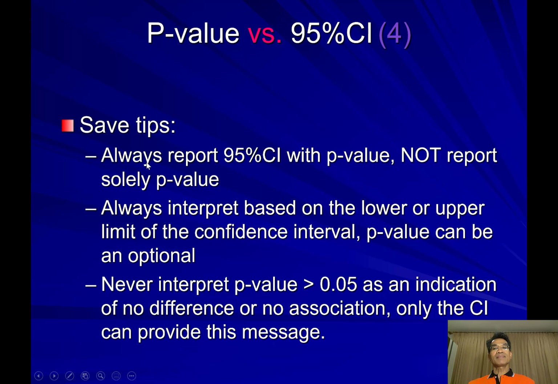First, in your research, always report the evidence to support your conclusions with the 95% confidence interval in the results section. You can put the p-value, it's optional, but do not report solely the p-value and say significance. It's highly misleading. It's not fair to the audience.